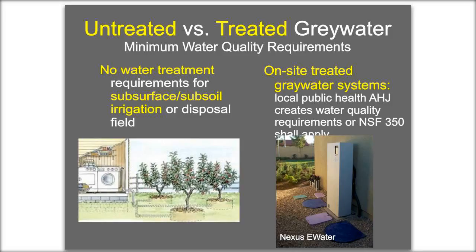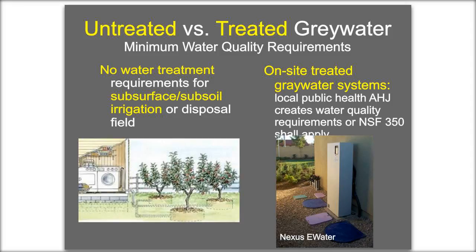On the other side, there is on-site treated graywater systems, and that's a specific term used, and the requirements for treated graywater are different throughout the code. There's two ways to have the minimum water quality requirements in the code. The local public health authority having jurisdiction can create water quality requirements for that local area, or NSF 350 shall apply.